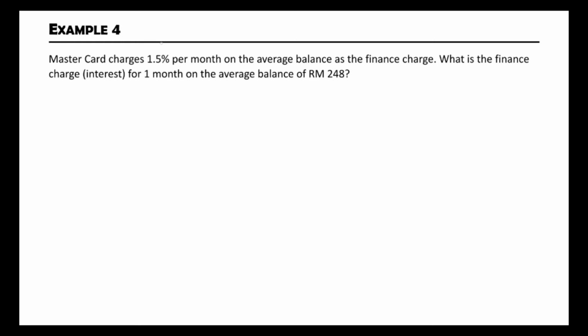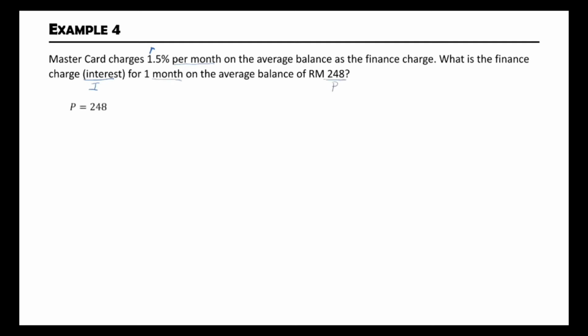Example 4. Mastercard charges 1.5% per month on the average balance as the finance charge. What is the finance charge or interest for 1 month on the average balance of 248 ringgit? So we have 1.5% per month. This is the R per month on the average balance. What is the finance charge or interest means we are looking for I for 1 month on the average balance of 248 ringgit. So this is the principal.